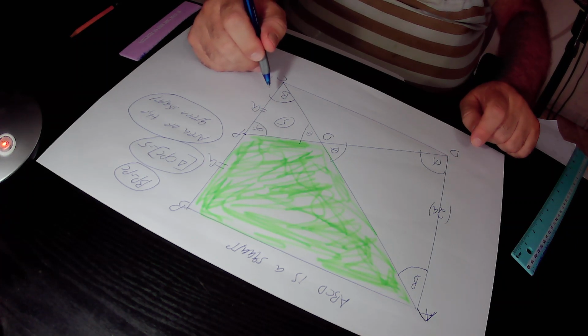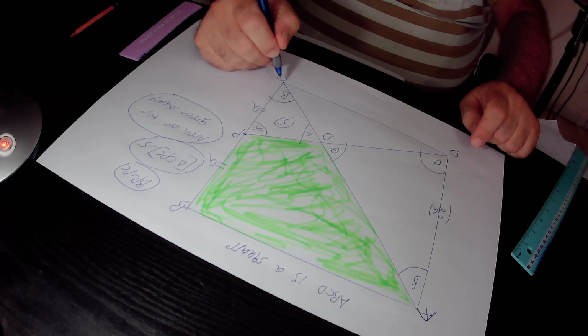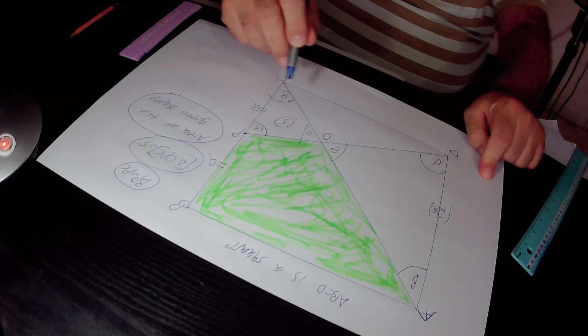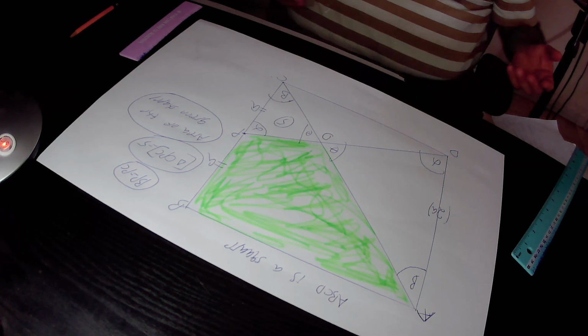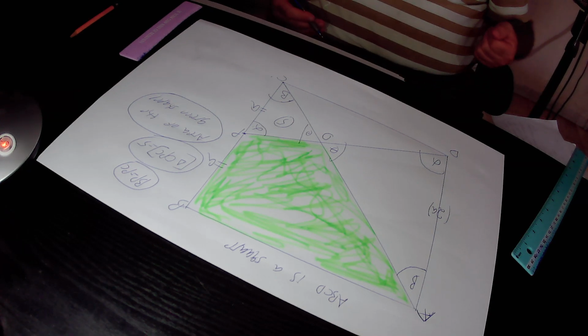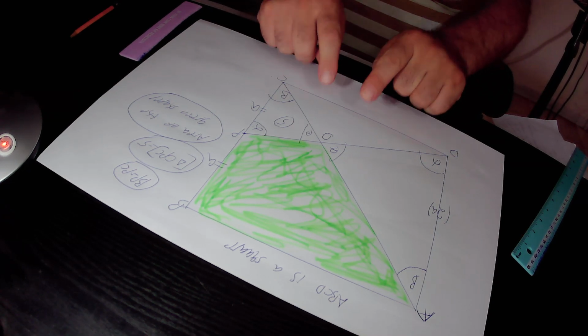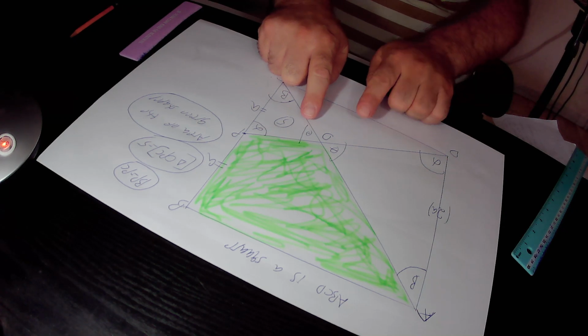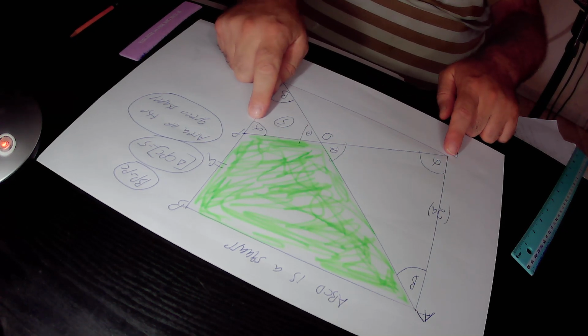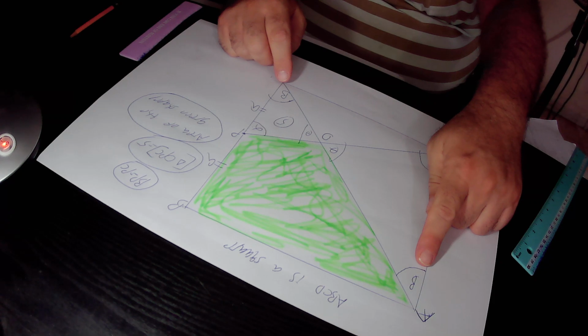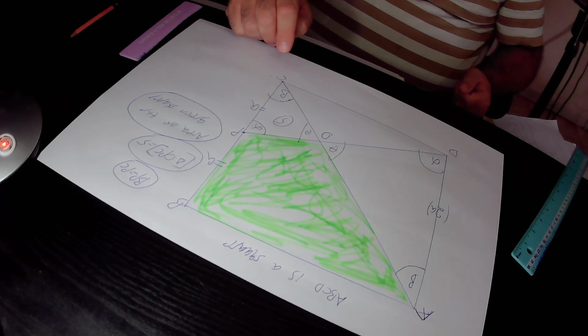So we found out that the small triangle COP is similar to the big triangle ADO according to the angle similarity rule. Those two angles are both equal to theta, those two angles are both equal to alpha, and those two angles are both equal to beta. So I write it down.